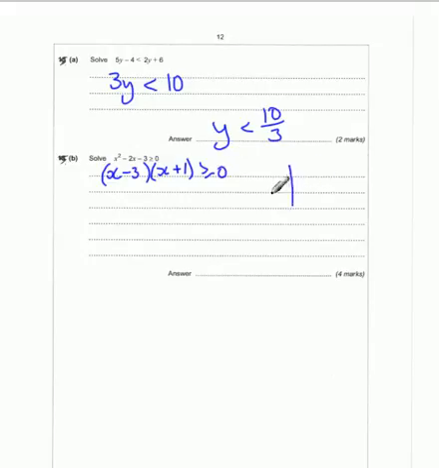Now if we think about what this graph looks like, these two values tell us the roots of this equation. So it crosses through at 3 and it crosses through at negative 1. So our graph looks like that. Now what we've got is for this to be greater than 0. So on our graph we're only going to be interested in the parts of the graph where it is above the x-axis, where it is positive.